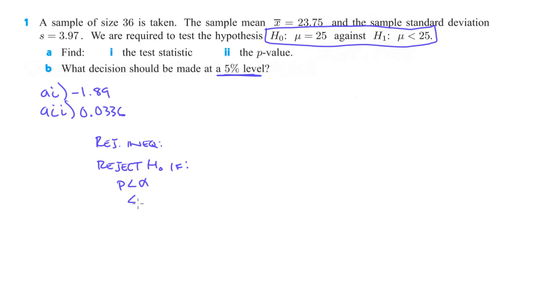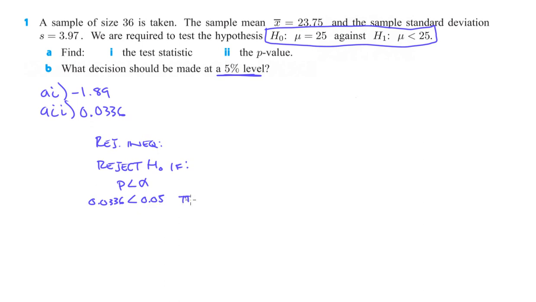So we know that this is 0.05, and our p-value we just figured out is 0.0336. Is 0.0336 less than 0.05?